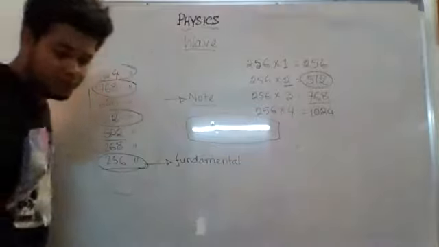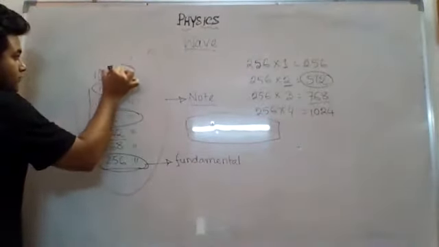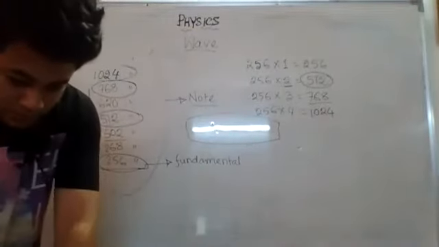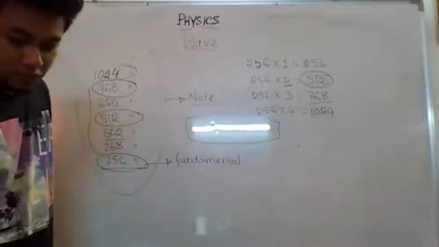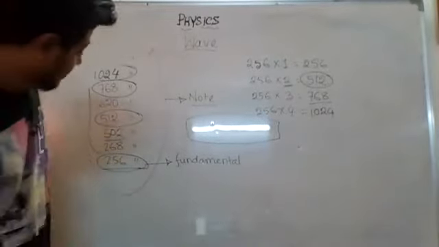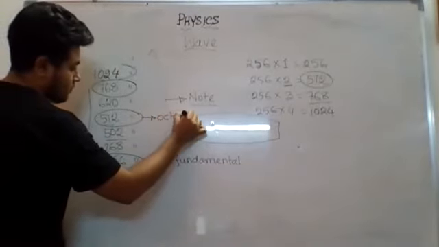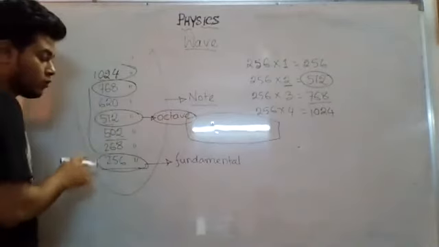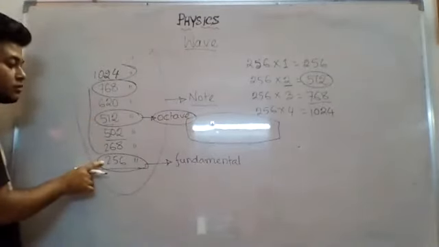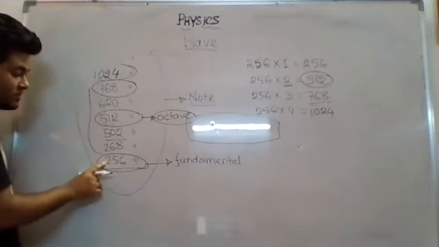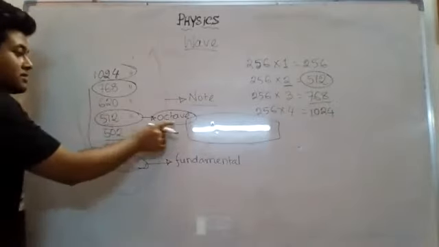Oh, okay. I forgot to tell you one more thing. 1024. Okay. So here you can see that so many harmonics are there, right? Out of that, this one will be called octave. Octave is that tone which has double the frequency of the fundamental tone. See, the fundamental tone is 256. The tone with double this frequency will be known as octave.